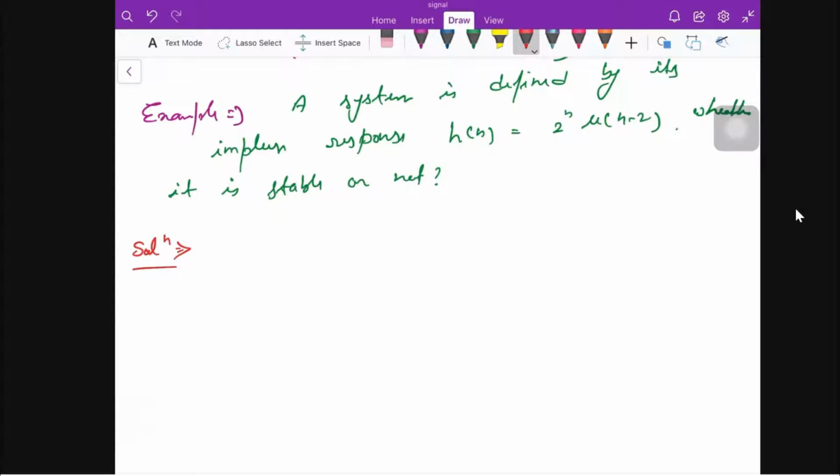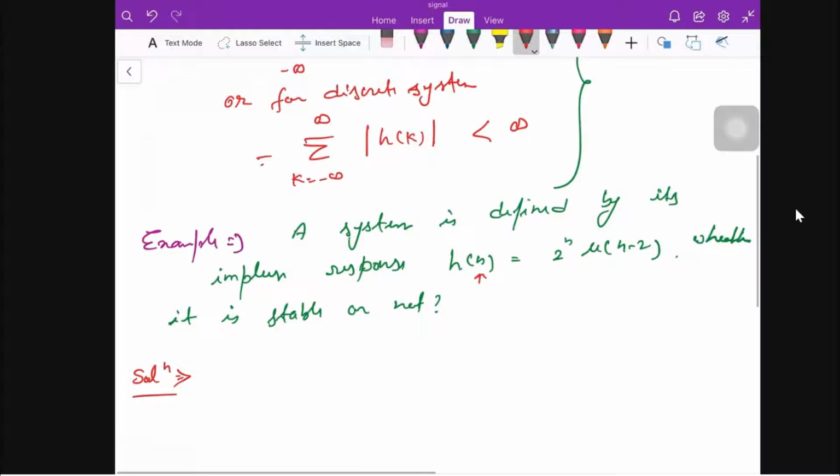According to the definition, first thing is that here the signal is discrete, so you have to use this formula. h[n] is given as 2 to the power n u[n minus 2], and for calculating the stability you have to calculate this value and it should be less than infinity.